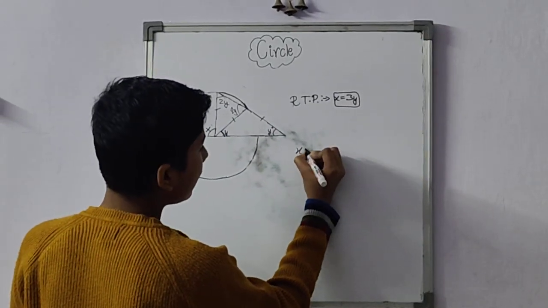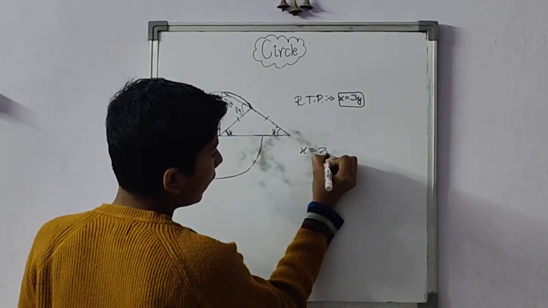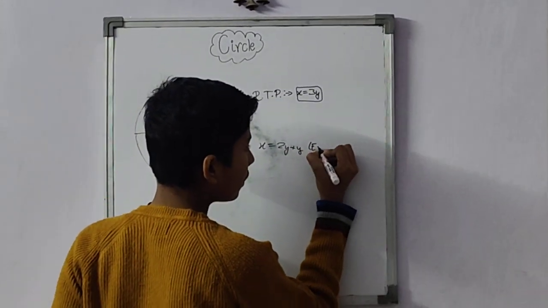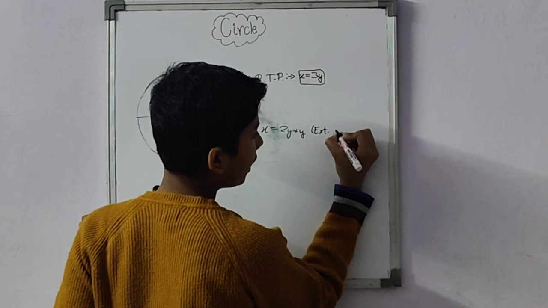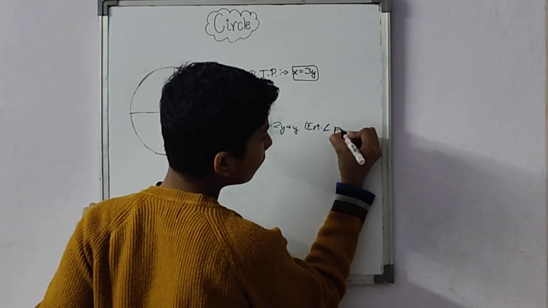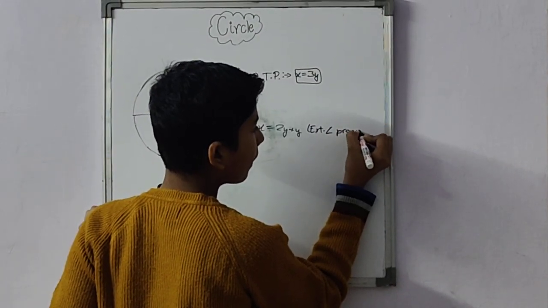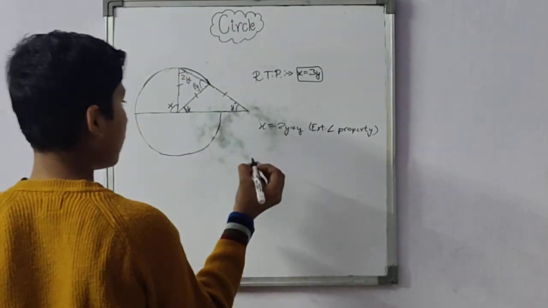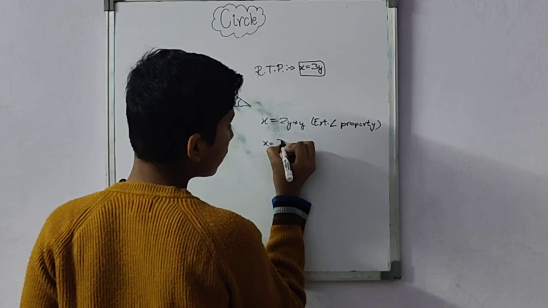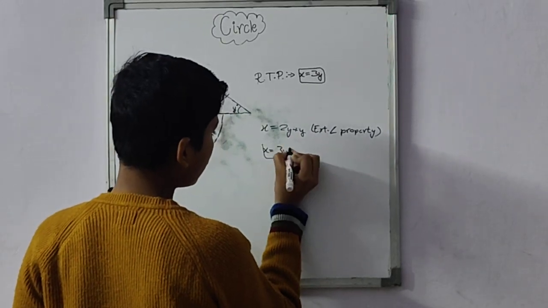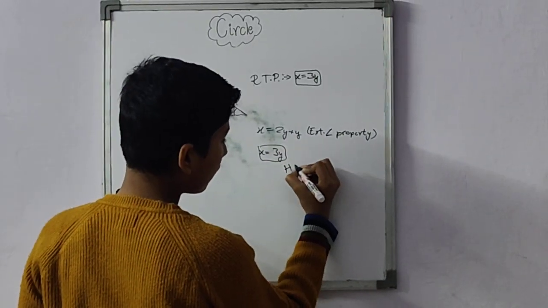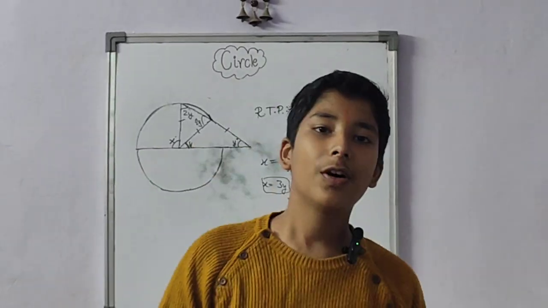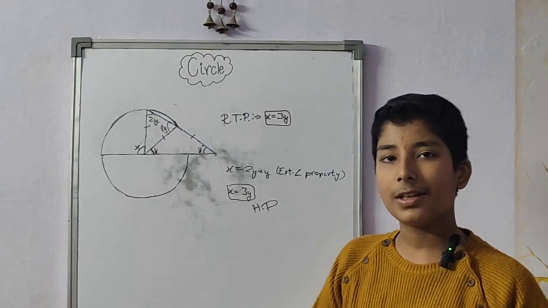So x equal to 2y plus y, exterior angle property. So x equal to 3y. Now just write hence proved. Okay, so I think you would have understood this.